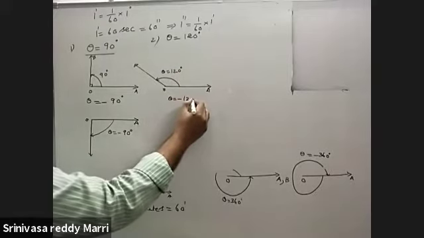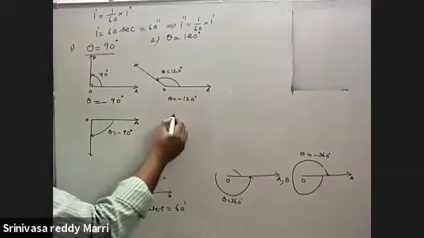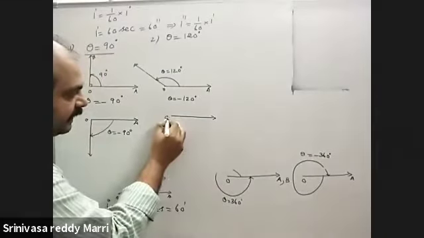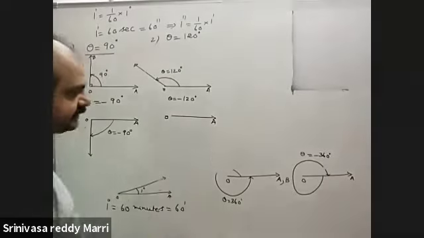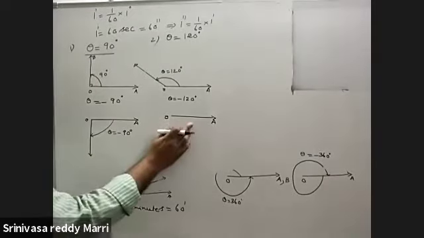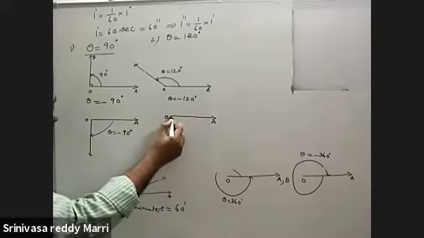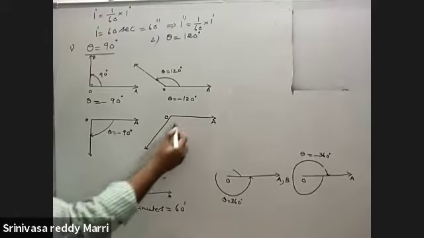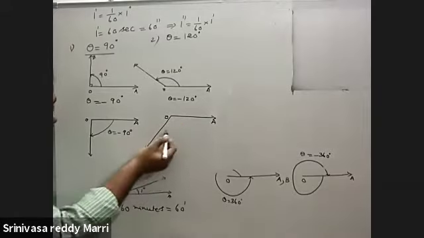Let us say minus 120 degree. Draw the initial ray. Trigonometry will be easy if you know the basics perfectly. Magnitude is 120 degree but measured in the clockwise direction.